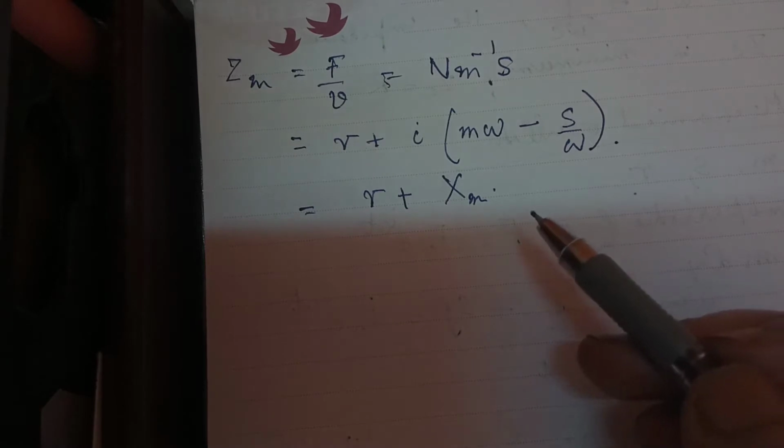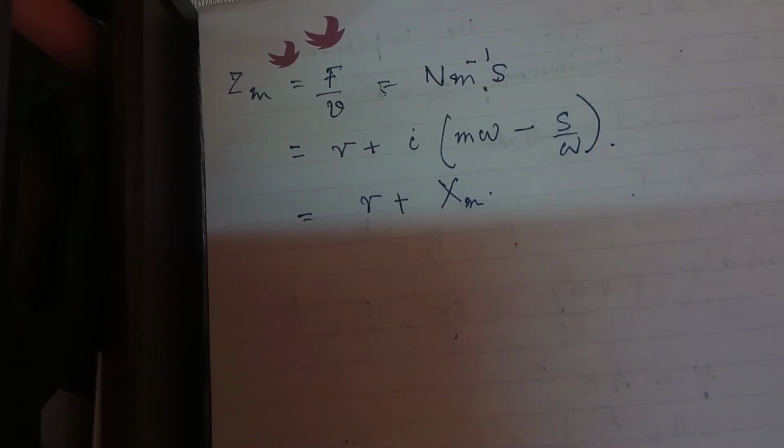And you can always draw a vector diagram in a similar manner as you did before. How will you draw the vector diagram? Well, the same vector diagram you can draw over here.